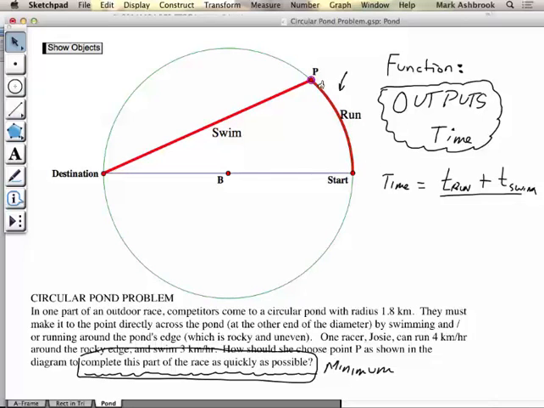If you knew the run distance, that would uniquely determine point P. Good. Another possible quantity that would uniquely determine point P? Okay, swim distance. Run distance would be a little more natural, right? Because it's where she stops running. Any other possible quantity that could pinpoint what P is?